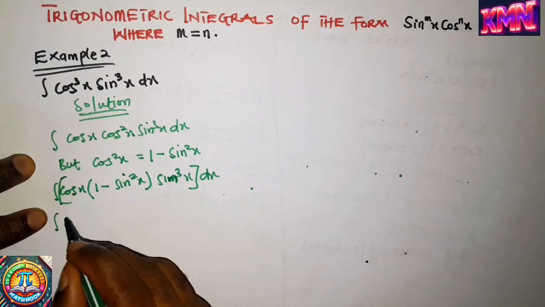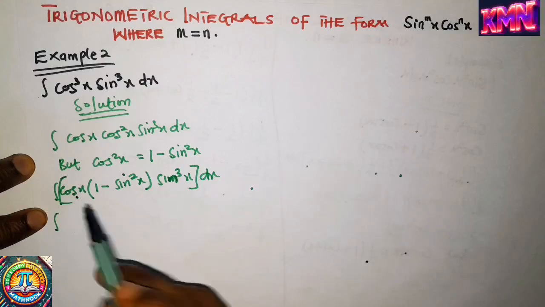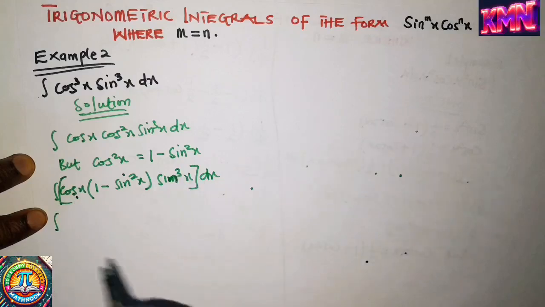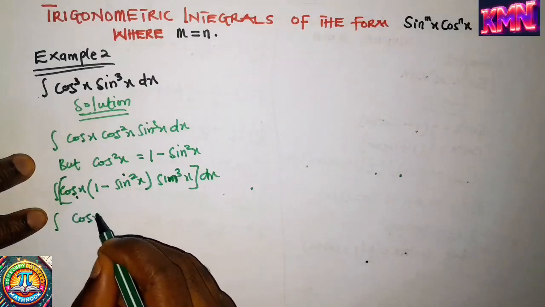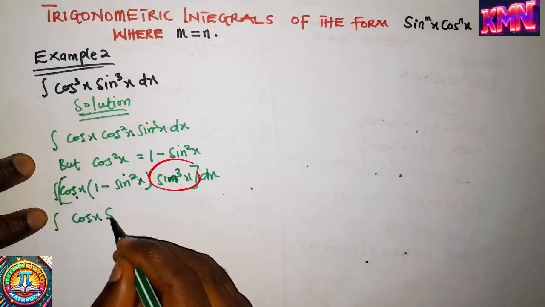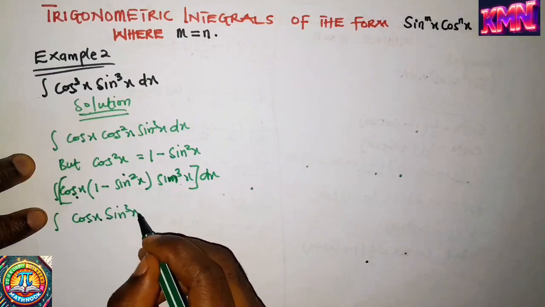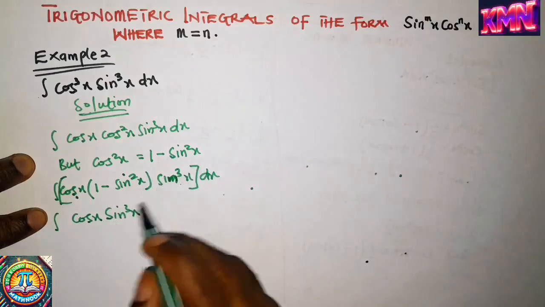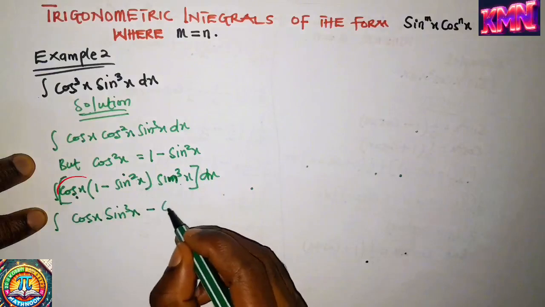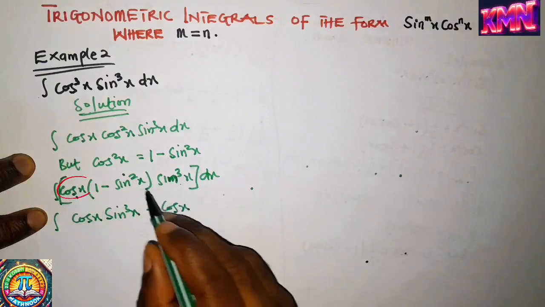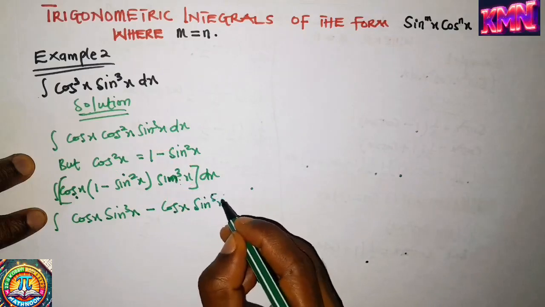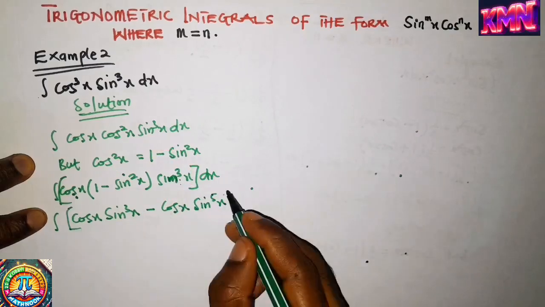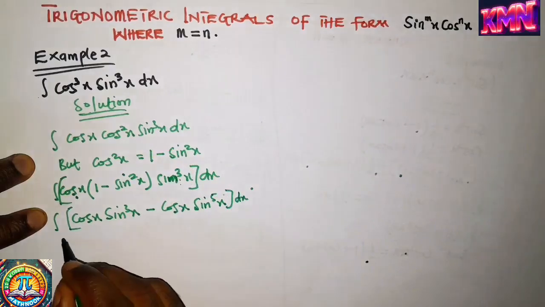Multiplying through by cosine x and sine cube x at the same time, we get cosine x sine cube x, minus cosine x sine power 5x, multiplied by dx.